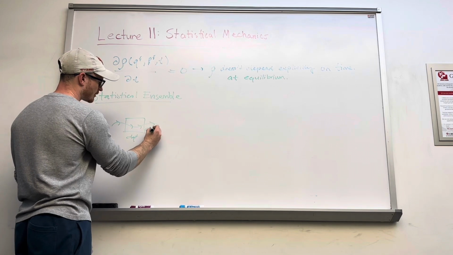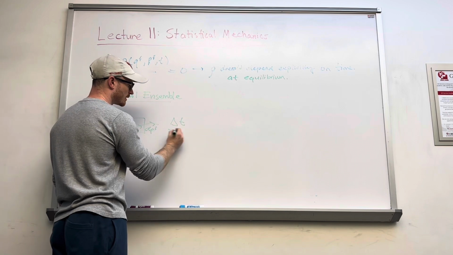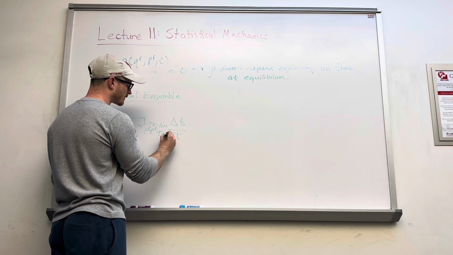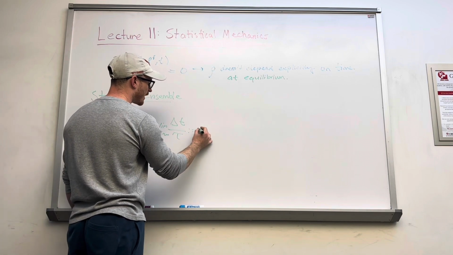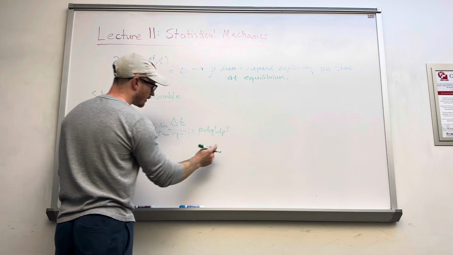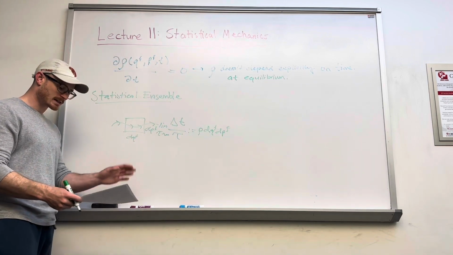We said, how much time does the system spend in here? Delta t over how much time do we measure it, and let's measure that for a long time. And this was defined as the probability of observing the system in this volume element, right? But that's only a single system.